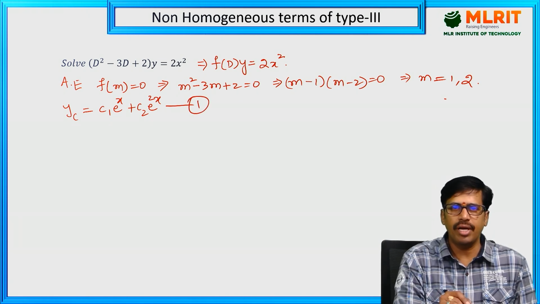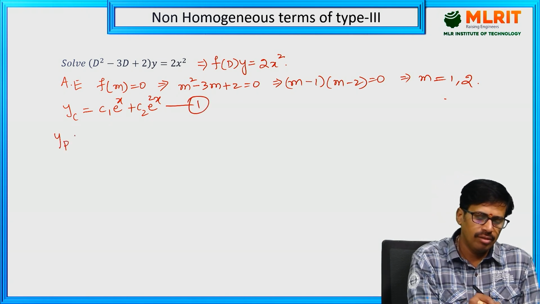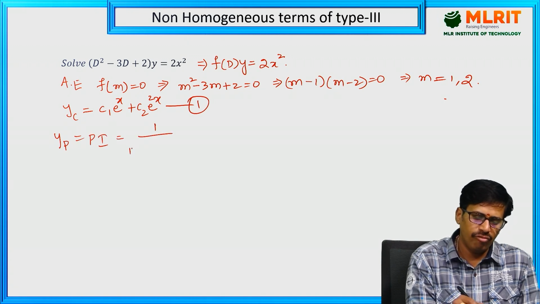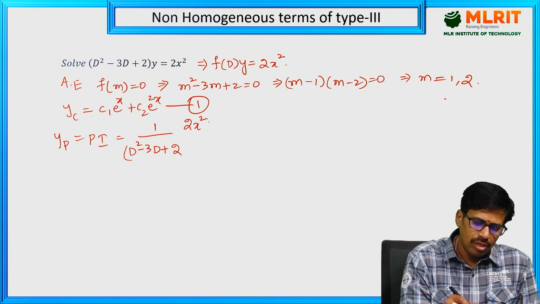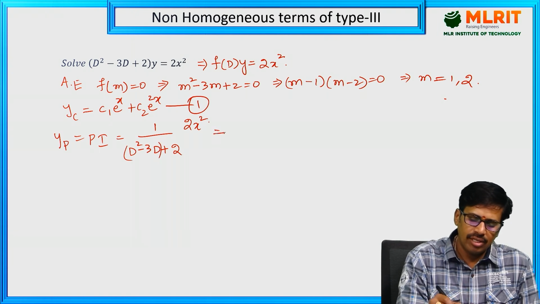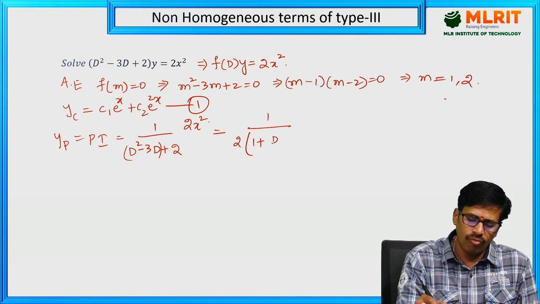Now to find the particular integral yp or PI, 1 by f of D, that is D square minus 3D plus 2. The function is 2x square. Now let us take the constant common in the denominator, which can be written as 1 by 2 into (1 plus (D square minus 3D) by 2), and the function is 2x square.